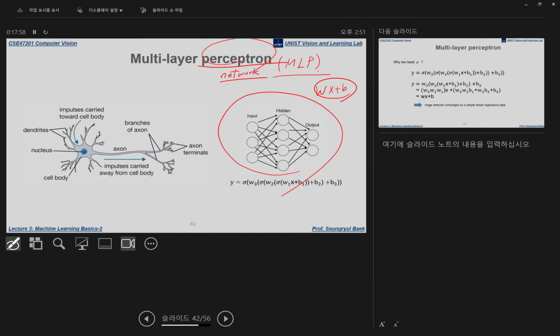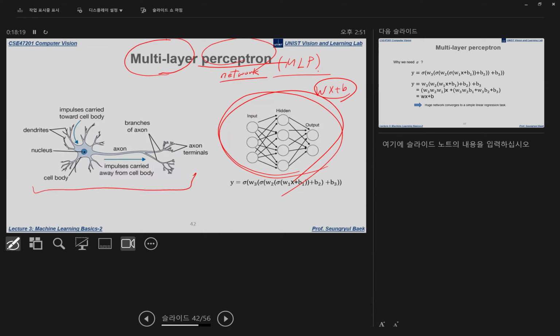And perceptron is a different name for this type of architecture. And multi-layer perceptron is called that because it has multiple layers.